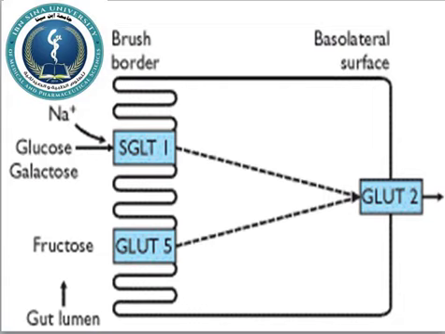Glucose and galactose pass through SGLT1, while fructose passes through GLUT5. All of them can pass through the basolateral surface of the epithelial cell via GLUT2 to the blood vessels, and from the blood vessels we discuss when reaching the liver.